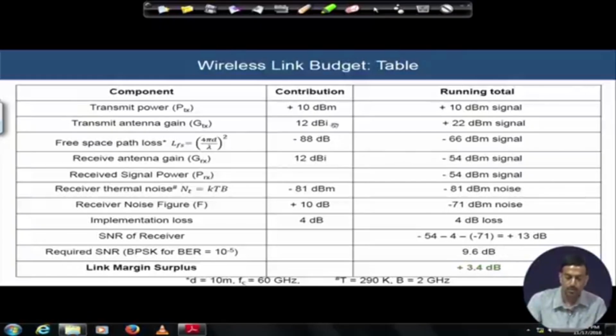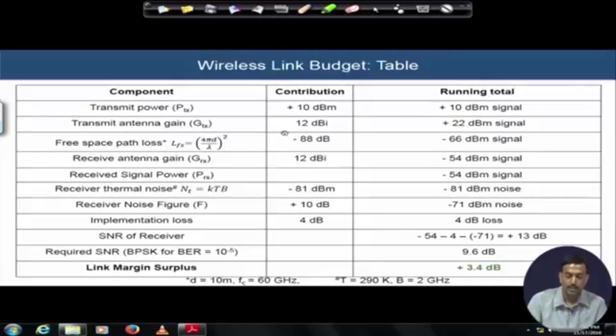So this goes to show how antenna gains can be crucial in this kind of a link where the propagation loss is pretty high, and it also highlights the importance of beam forming, where you can harness the antenna gain in order to improve the signal power.